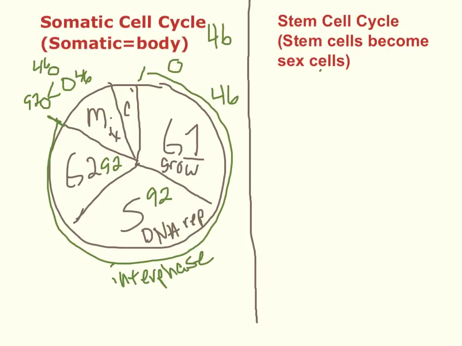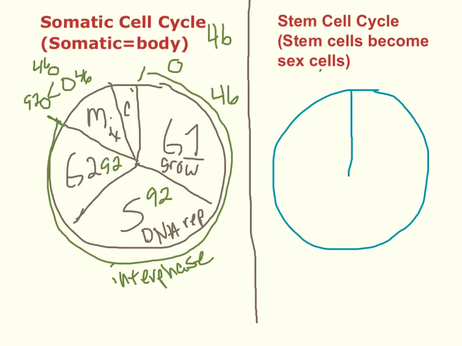So over here in meiosis, we have this stem cell that's just going to go through this phase, this cell cycle, this one time, and then become a sex cell, so stem cells become something else.